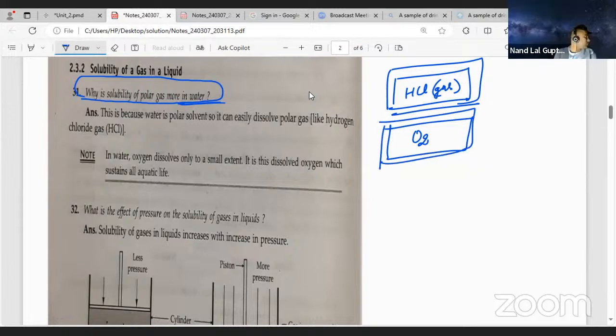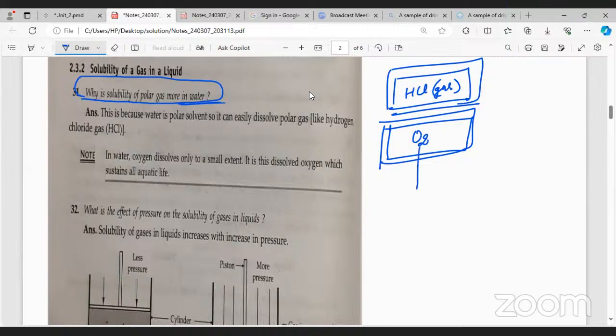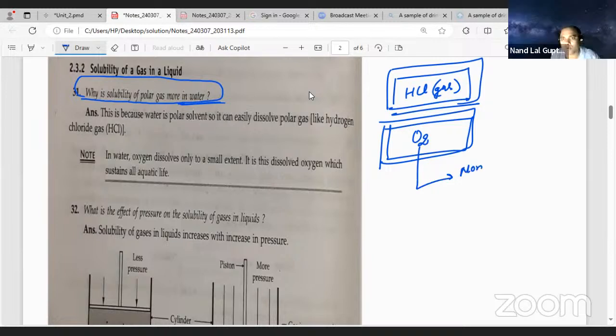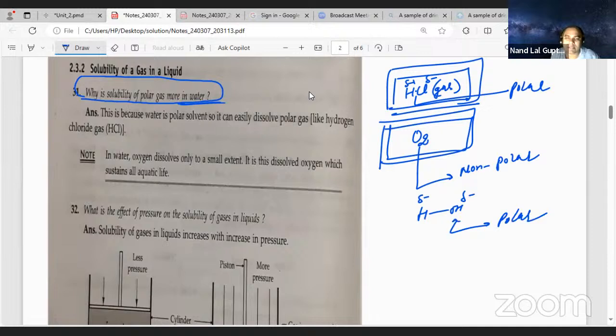What reason will you give? Oxygen is non-polar. HCl is polar, this is minus, this is plus. And water, H2O, is also polar, this is minus, this is plus. Polar dissolves in polar. So oxygen is non-polar, so less soluble.